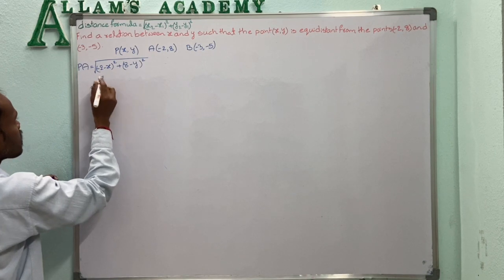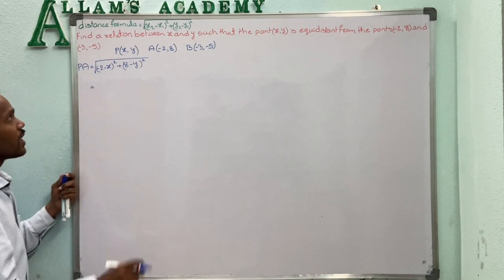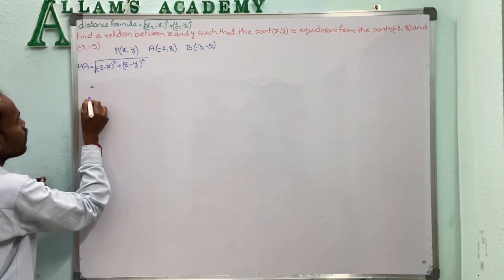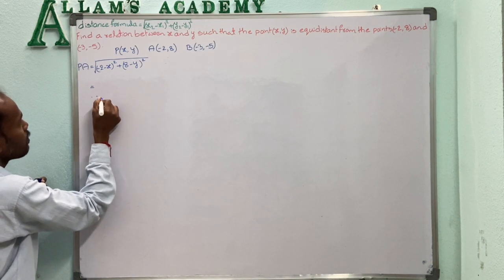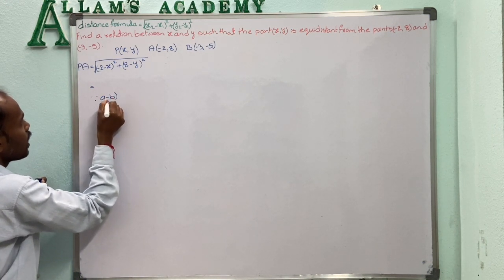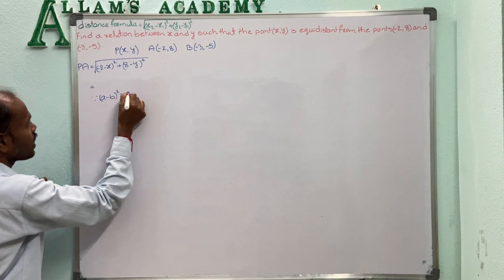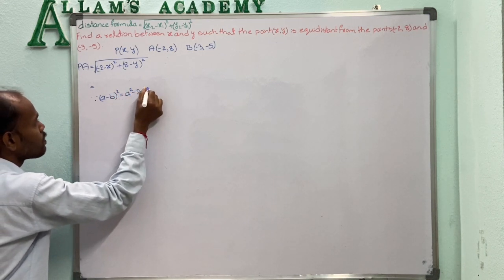Now we observe that it is in the form of (a minus b) whole square. (a minus b) whole square is nothing but a square minus 2ab plus b square.